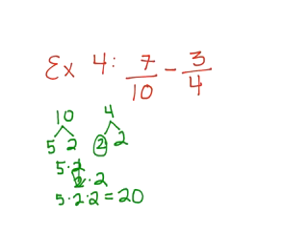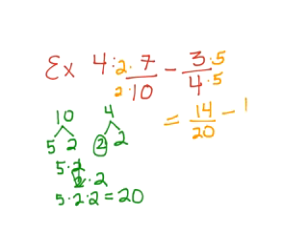To make a 10 a 20, I need to multiply by 2. To make a 4 a 20, I need to multiply by 5. Now I'm going to be able to get the same denominator, so I'm going to show that step. 2 times 7 is 14. 2 times 10 is 20. 3 times 5 is 15, and 5 times 4 is 20.